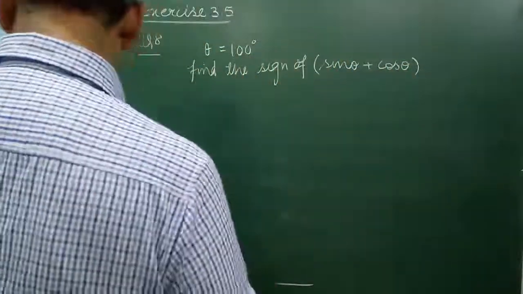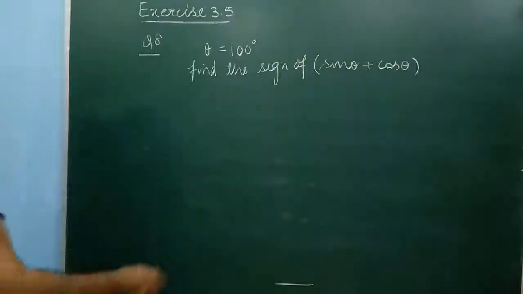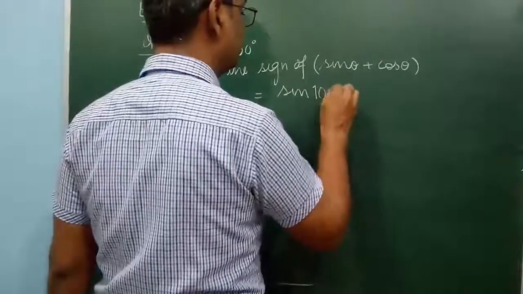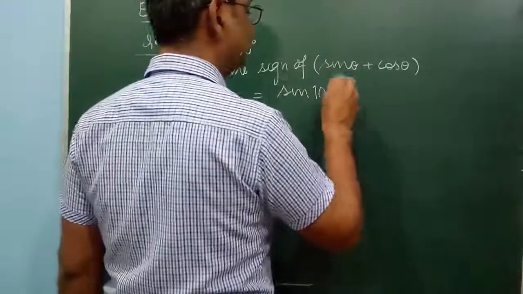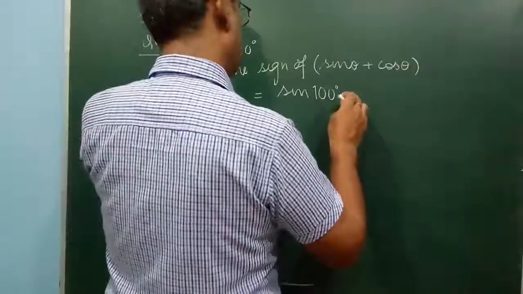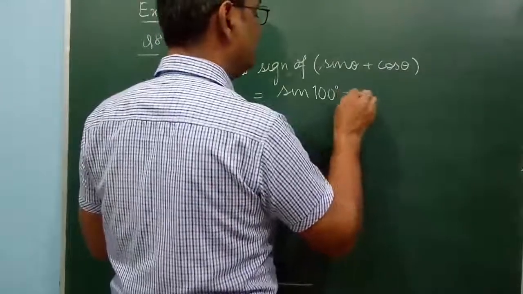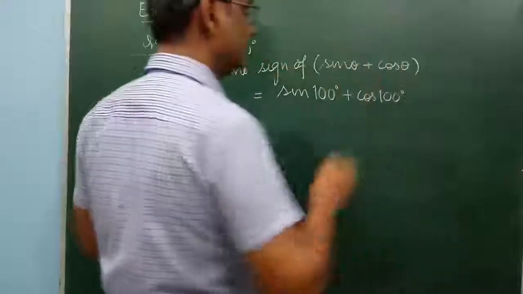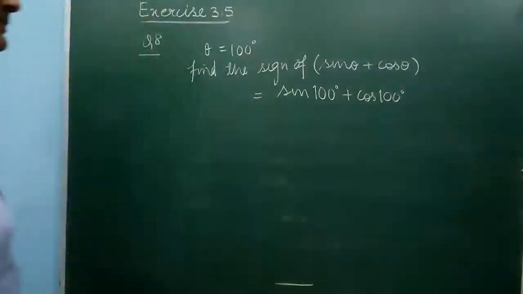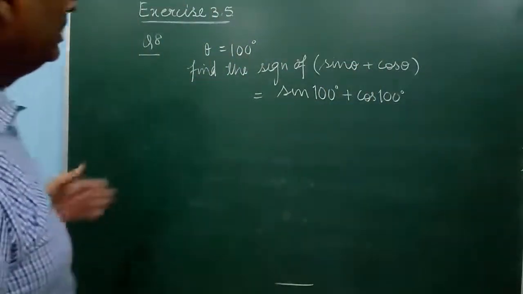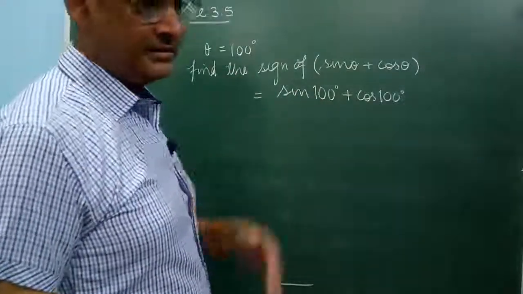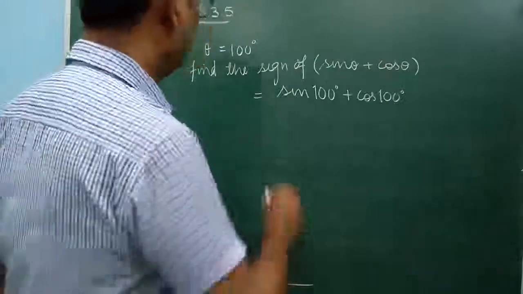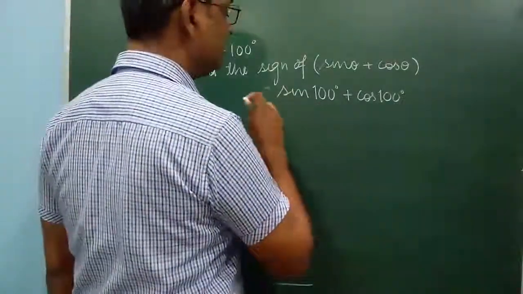That means we have to find sine 100 degree plus cos 100 degree. This one we have to find. Sine 100 is how much? You can check it.